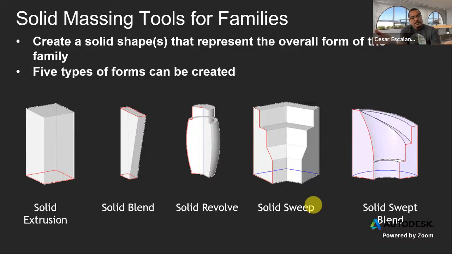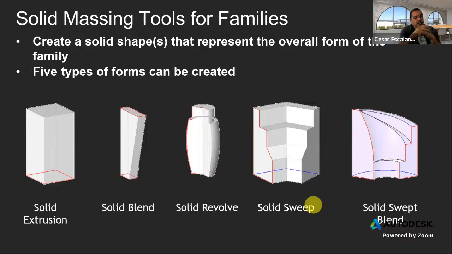There are 5 types of forms we can create. We can create extrusions. All of these ways of creating forms are based on profiles. So an extrusion is a two-dimensional profile extruded along a perpendicular direction. We have a solid blend, which is the extrusion between 2 different profiles.